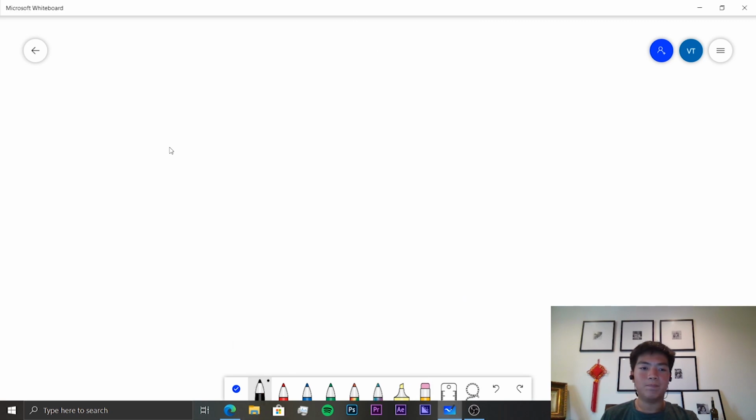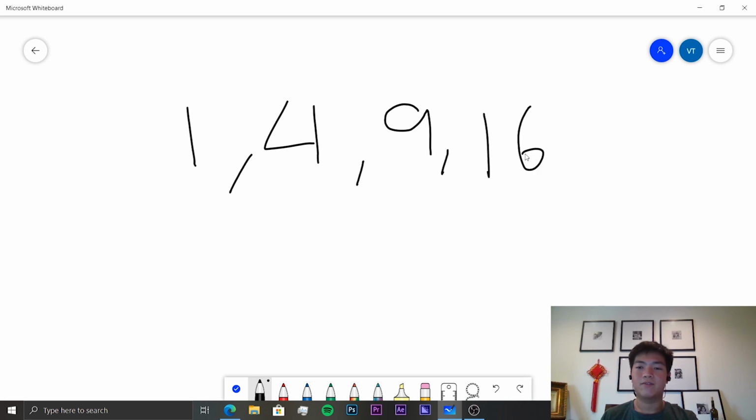So let's look at maybe a more complex sequence. If you're aware of the sequence 1, 4, 9, 16, you should know from previous math lessons what this sequence corresponds to. So this is the first term, second term, third term, and fourth term. In the first term, the number in the sequence is 1. The second term is 4.